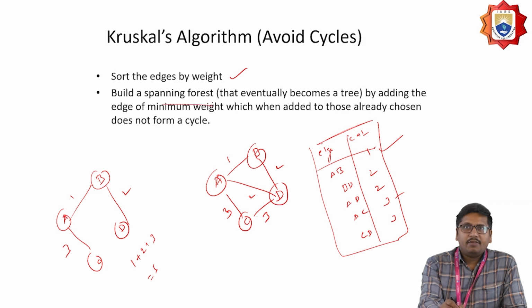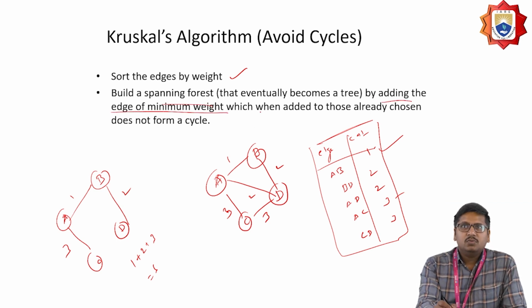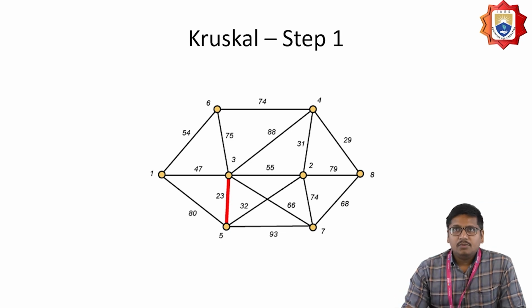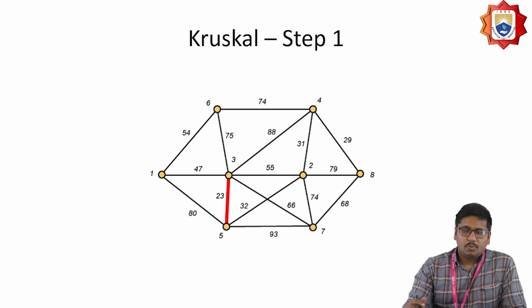Build the spanning forest by adding the minimum weight edge which can be added to those already chosen and does not form a cycle. Taking the problem given, what is the minimum weight here?